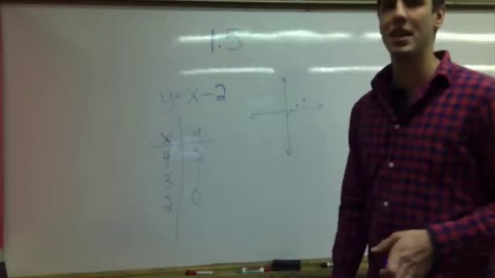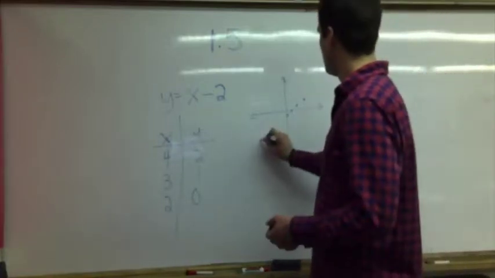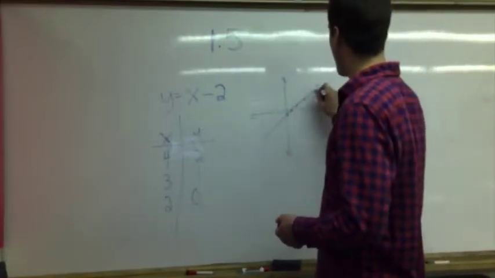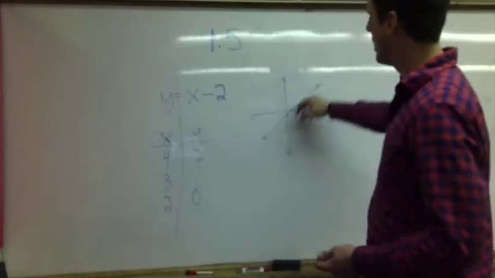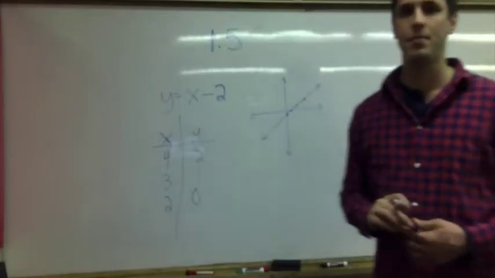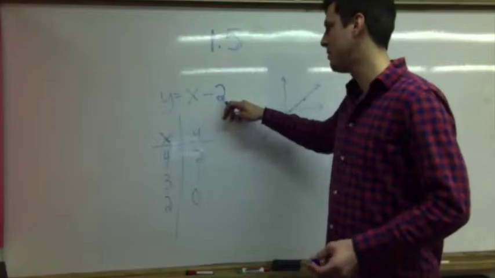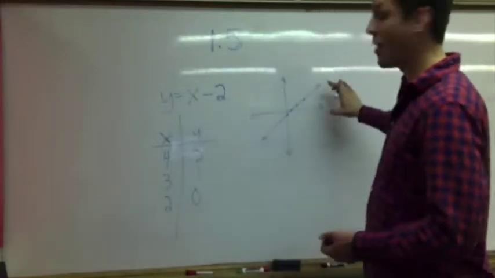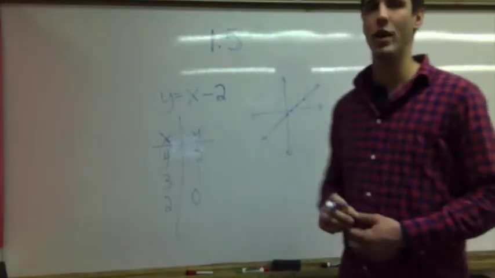It would look something like that. I might be a little bit off. But you would end up having a straight line if you connected the dots that you drew in there. Which means this, which creates this graph in the end, is a linear equation.